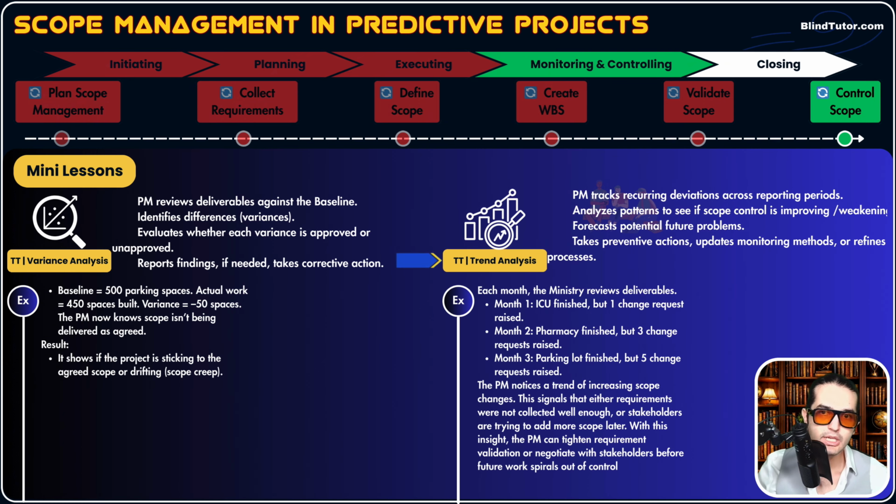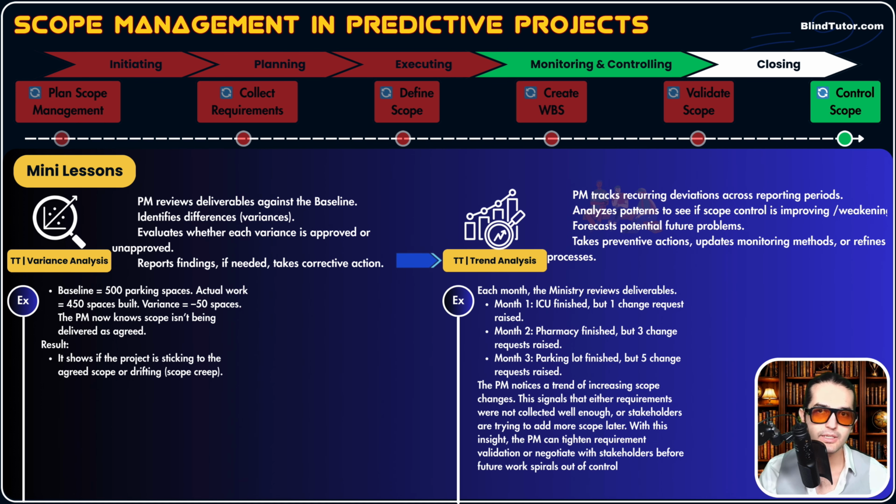Awesome. This is how trend analysis helps us in the project. As I said before, variance analysis and trend analysis are mostly used in the schedule and cost parts of the project, but here we built a good foundation of their application in the scope part.